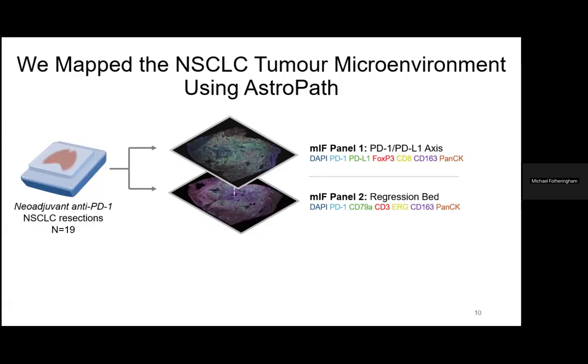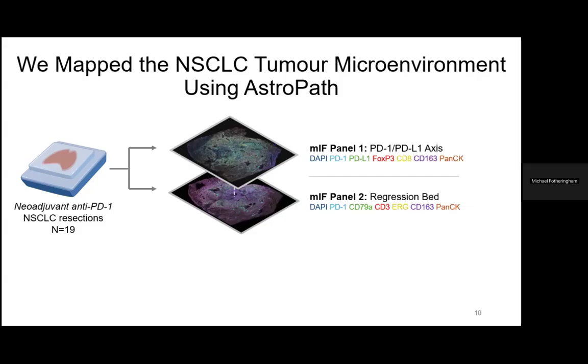What we have is our specimens from the first clinical trial of neoadjuvant anti-PD-1 in lung. And so they're quite dear specimens. We only had 35, and we cut this number down to 19, only those specimens that exhibited any kind of tumor regression. So very rare specimens, not something that I can go into CoPath or whatever it's called now and search up.